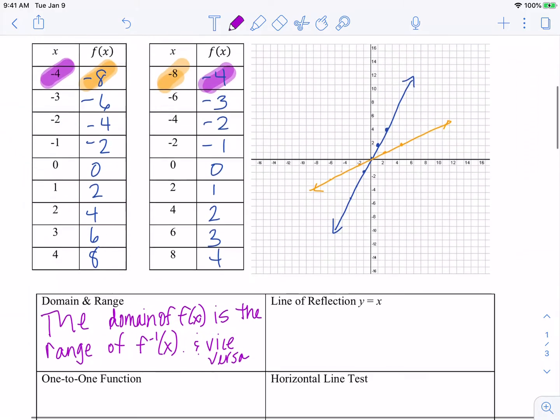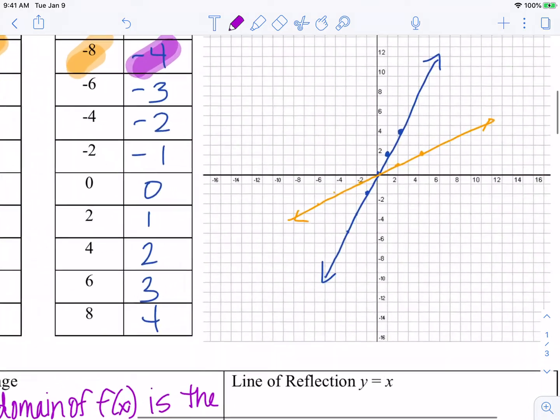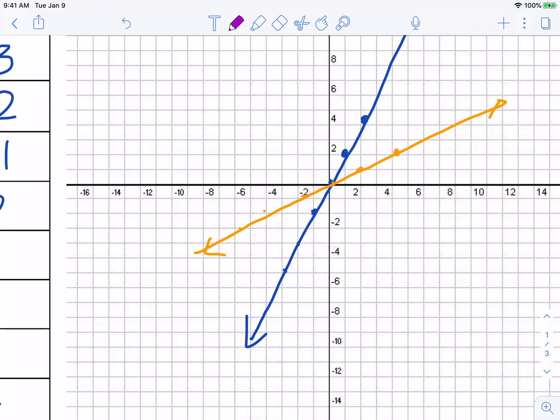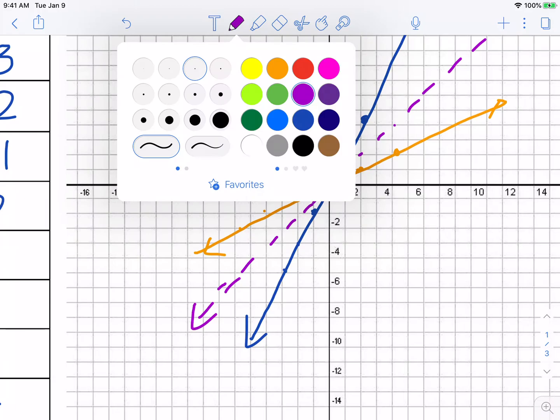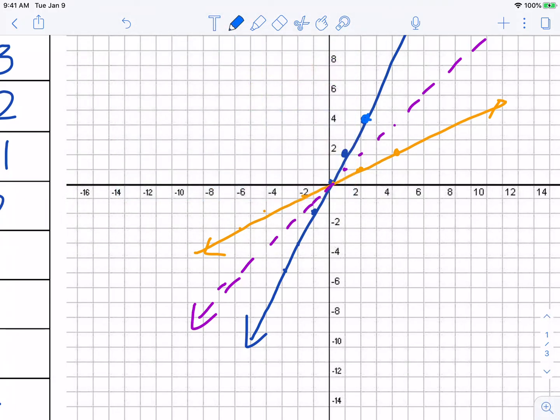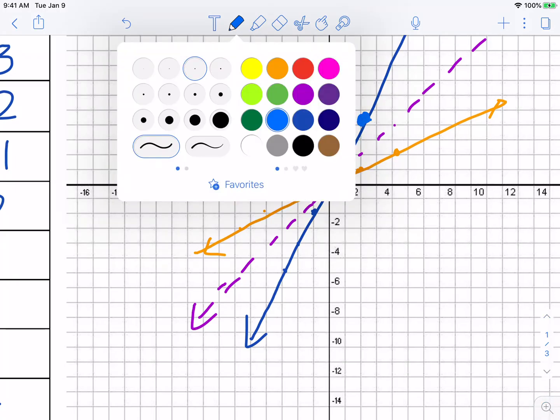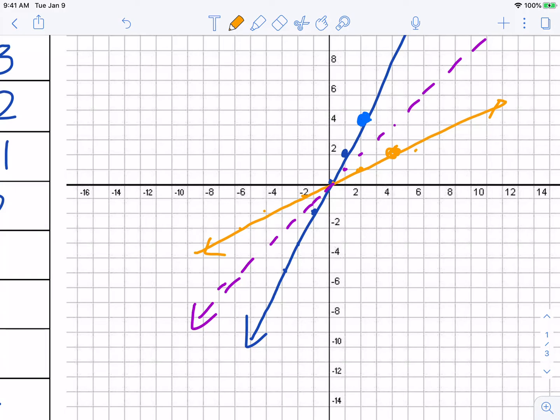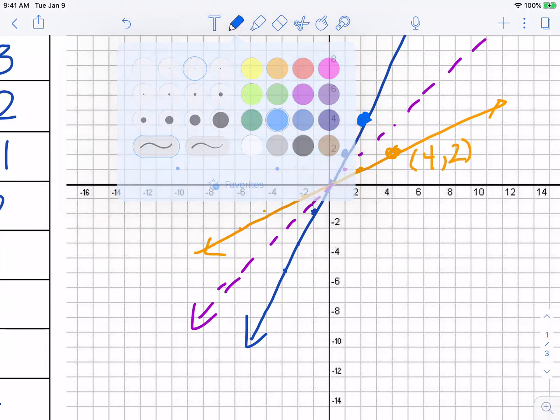Now, the line of reflection, y equals x, you could notice here, I'm just going to sketch this line. But you could see that every point here on this blue line, I'll use the light blue from here, if this is 2, 4, the coordinate 4, 2 is on the inverse function.